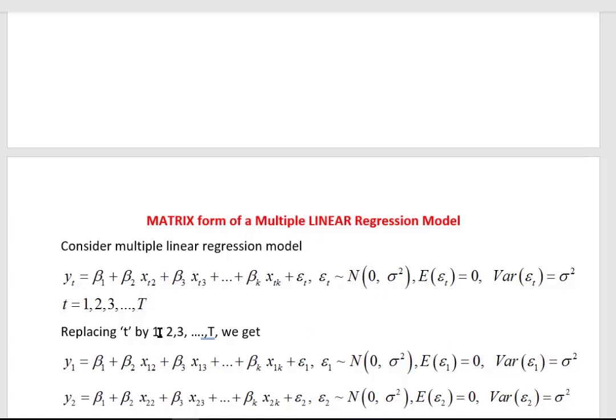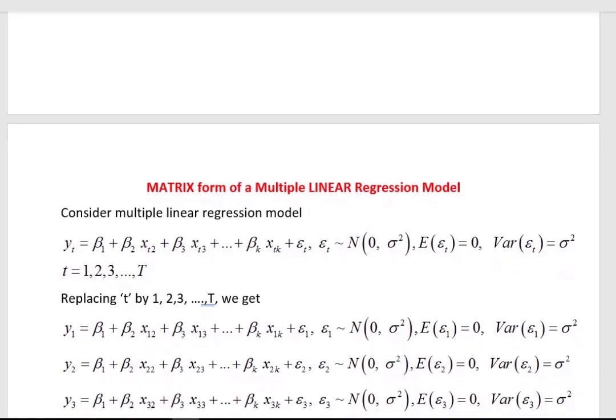Now do what? Replace this t in the subscript with 2. So it becomes y2, and similarly this becomes x22, x23, x2k, and epsilon 2 is normal with mean 0 and variance sigma square.